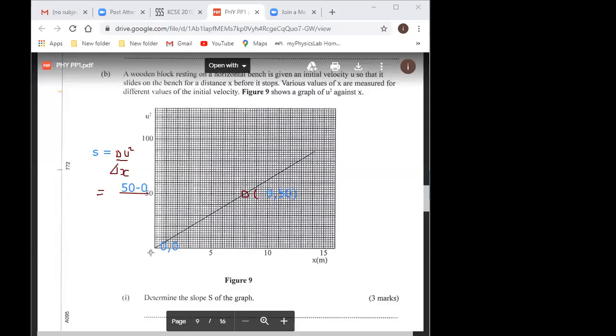This is 9 minus 0. So in this case, we are having 9. It should be minus 8. Oh yeah, sorry. 8 minus 0. Thank you for that correction. So this point here is 8, not 9. So in that case, it means we are left with 50 over 8.